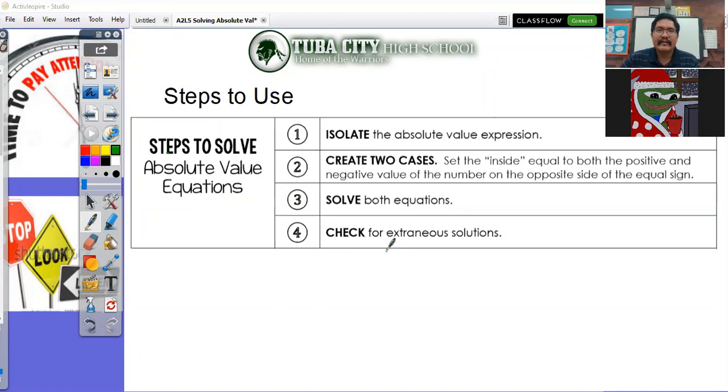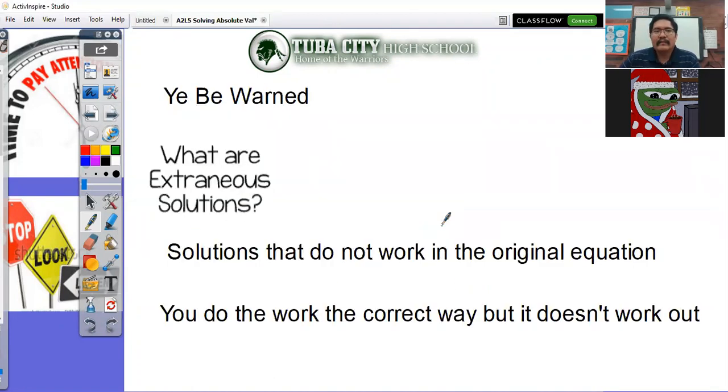So just like radical equations, you will sometimes get the wrong answer even though you did the math right. So what is an extraneous solution? This is one of the blank spots on the packet, on the worksheet that I gave you. Solutions that do not work in the original equation.